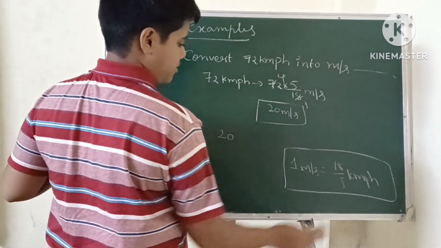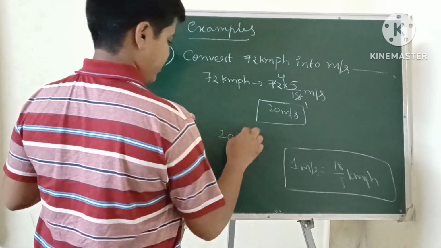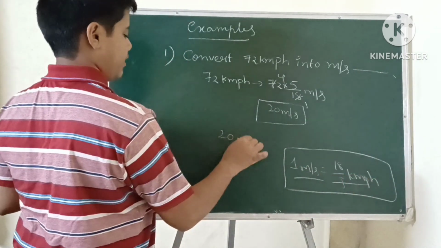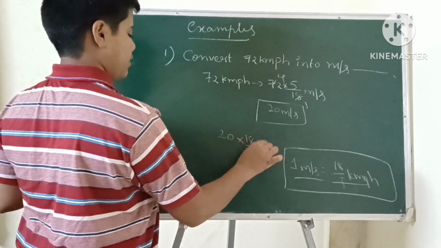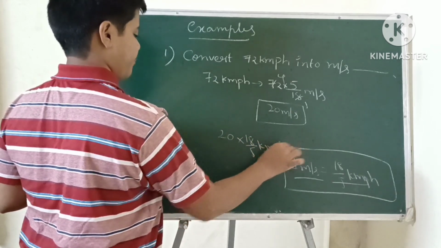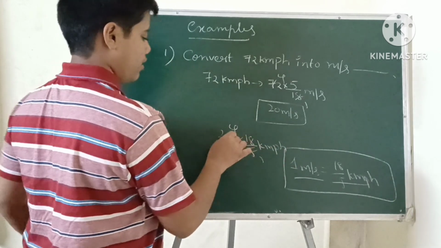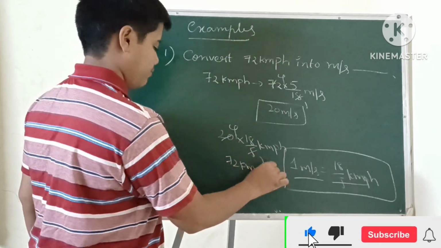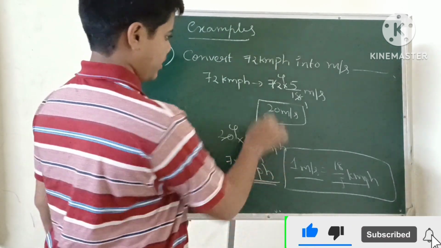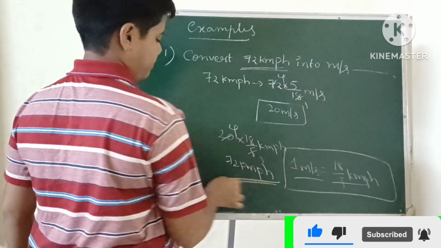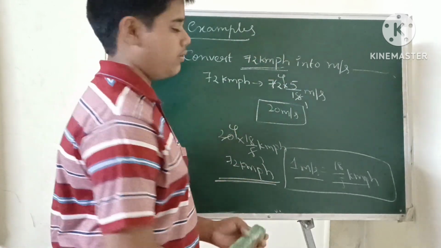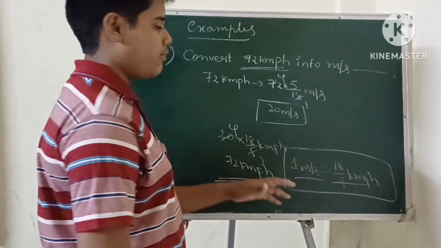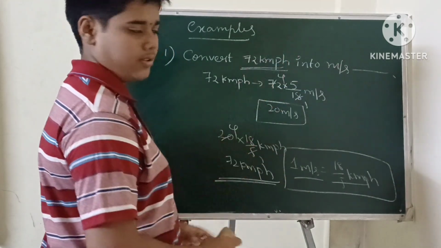So 20 into 18 by 5 kilometer per hour. 5 fours are 20, so 4 into 18 is 72 kilometer per hour. These values are the same. Like this we can convert bigger units to smaller units and smaller units to bigger units.